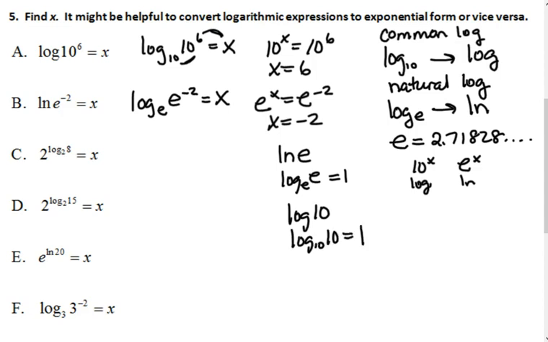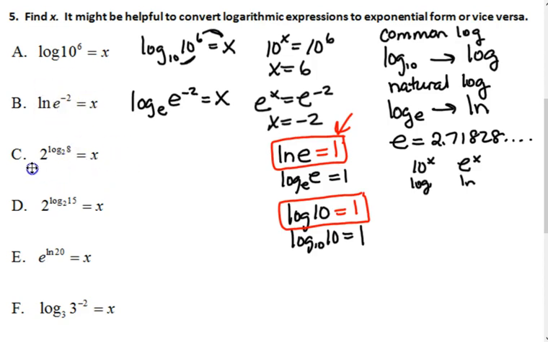So if you see natural log of e, that's 1. If you see log of 10, that's just equal to 1. But the one you're going to see the most is this. The natural log of e is 1. Now this is the natural log of e to the negative 2, so that's not just 1. But we'll learn a rule that helps us with that later.